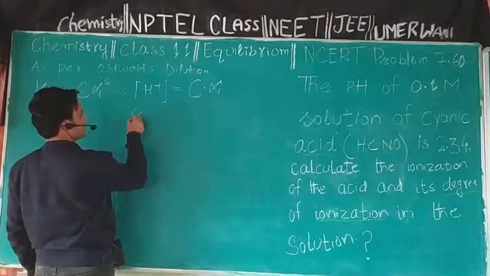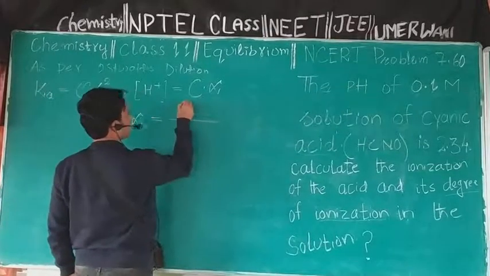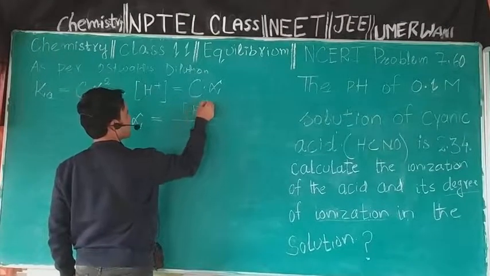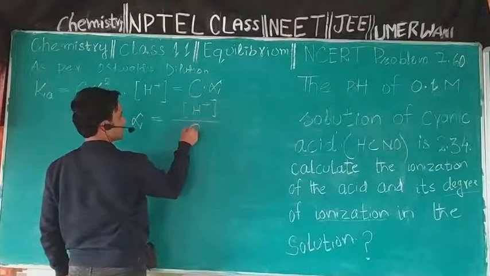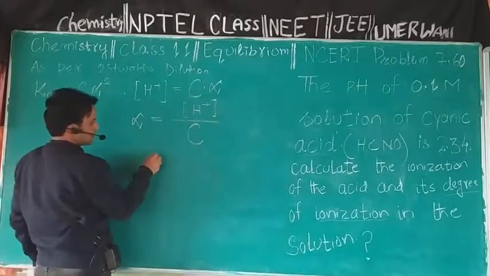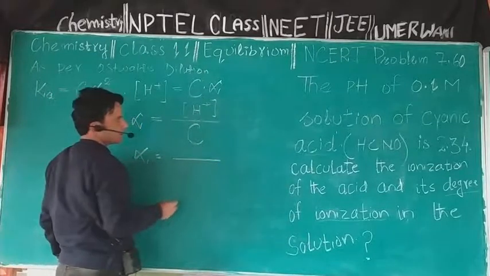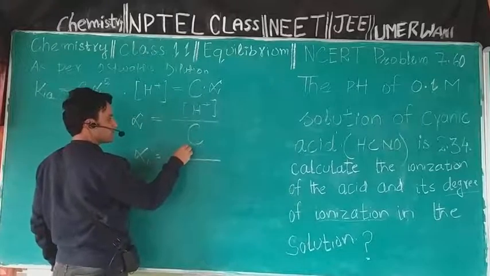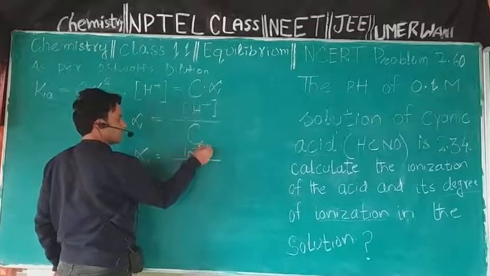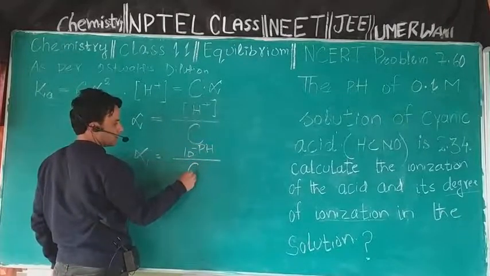Alpha will be equal to the ratio of concentration of H positive ions and molar concentration. Now alpha will be equal to H positive ion concentration, which I will express in terms of pH. It is equal to 10 raised to the power minus pH divided by molar concentration.